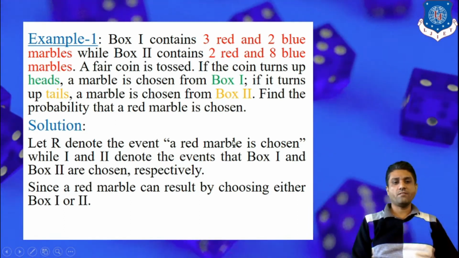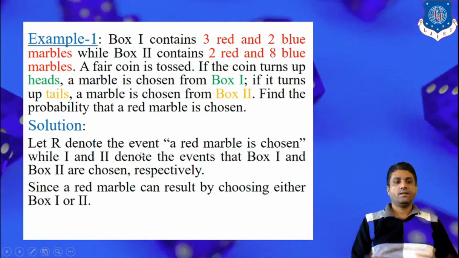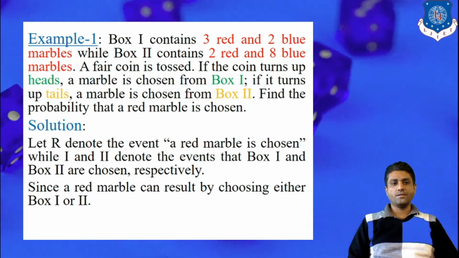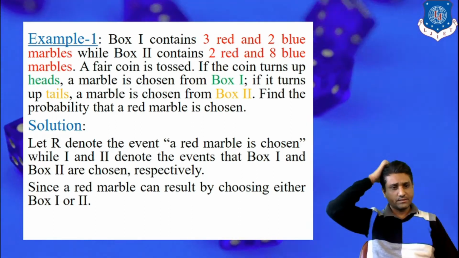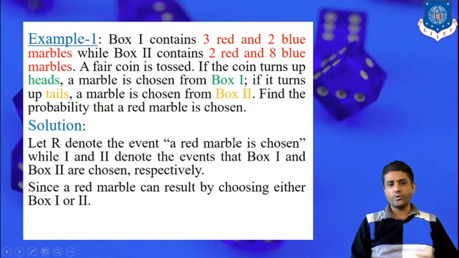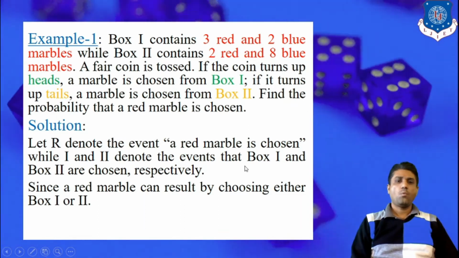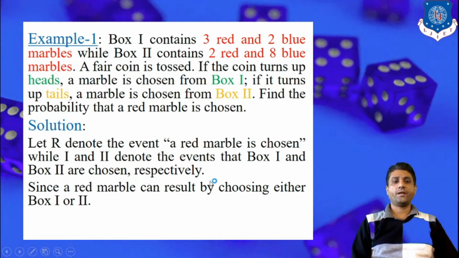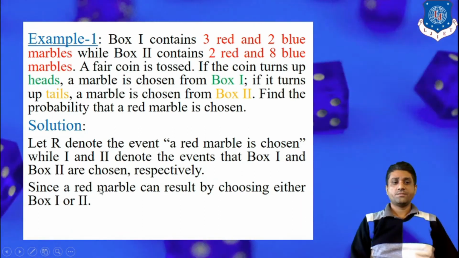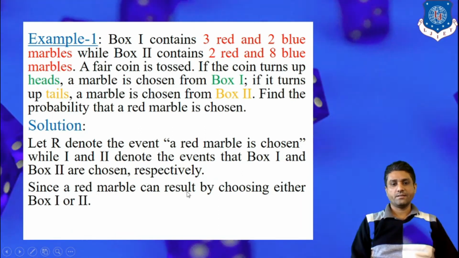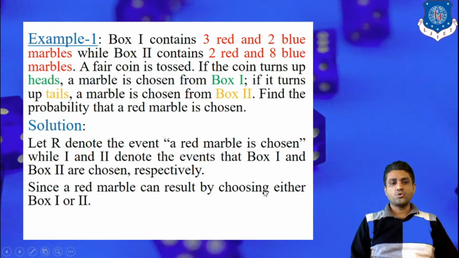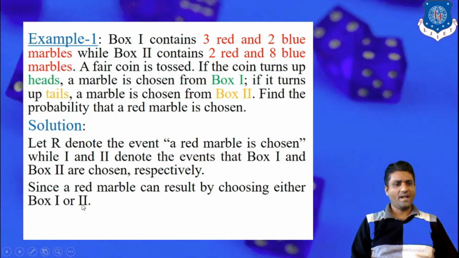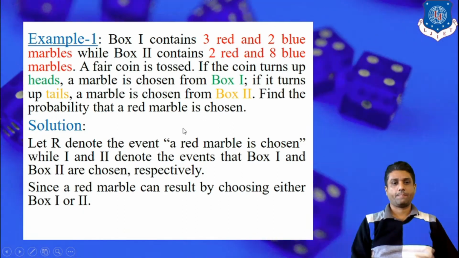Let capital R denote the event a red marble is chosen, while Roman 1 and Roman 2 denote the events when box 1 and box 2 are chosen respectively. Since a red marble can result by choosing either box 1 or box 2, as we discussed.